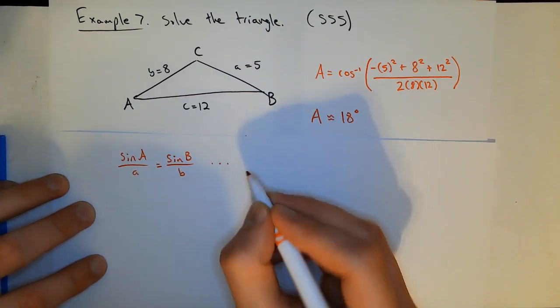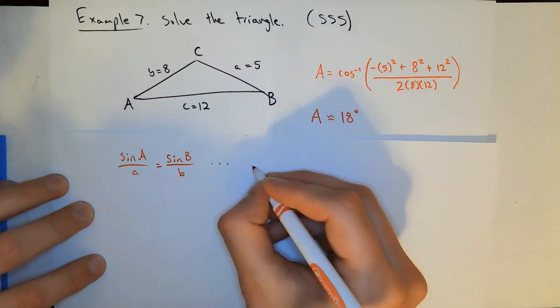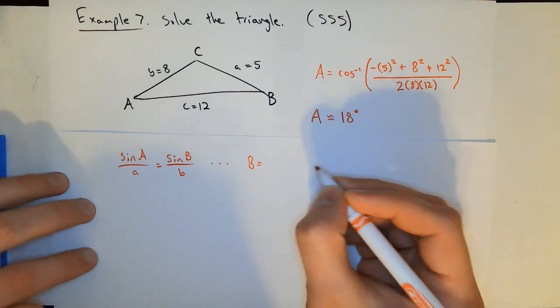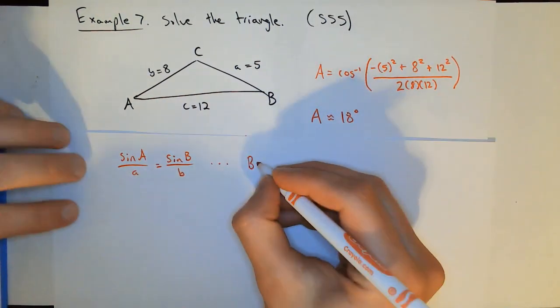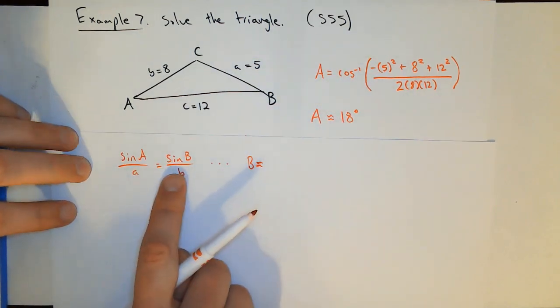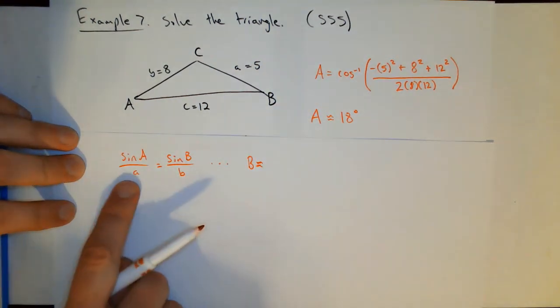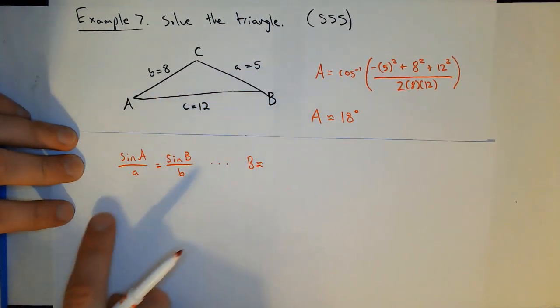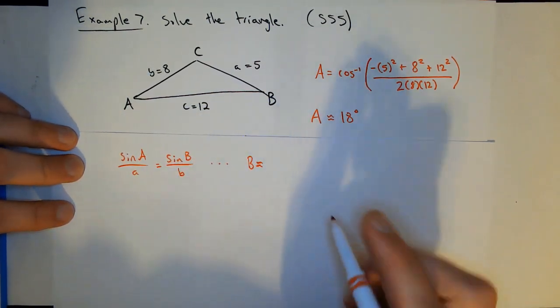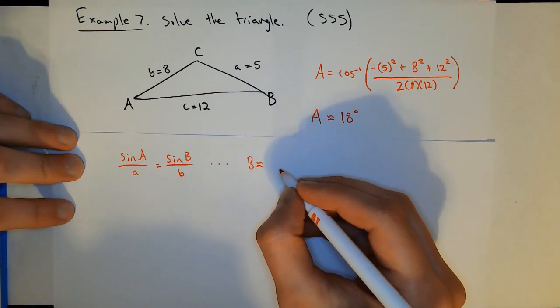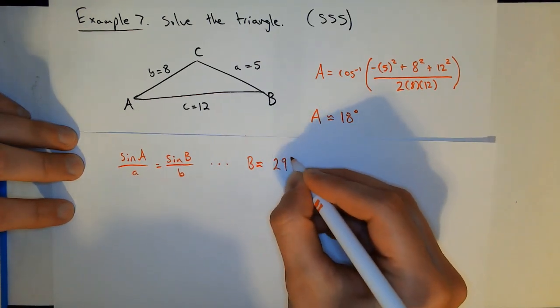Yes, law of sines. So B is going to be equal to, I've already done the algebra so many times, let me just tell you, you're going to plug in A is 18, you're going to plug in little a is 5, little b is 8, solve for sine of b, then take the sine inverse, and you're going to get 29 degrees for b.